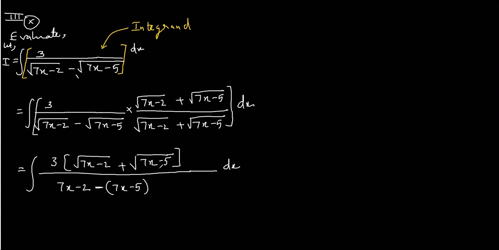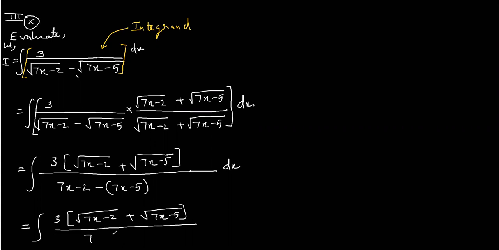Now when you open this bracket, what will happen? You get 3 times square root of 7x minus 2 plus square root of 7x minus 5, divided by 7x minus 2 minus 7x plus 5, dx.